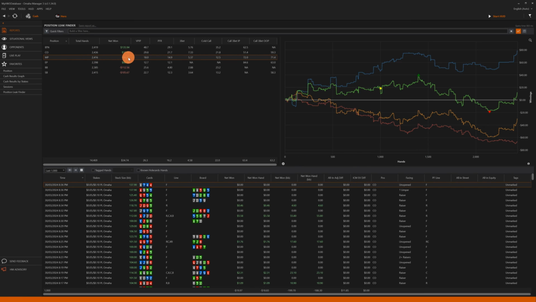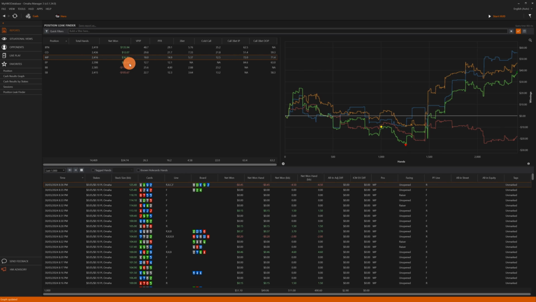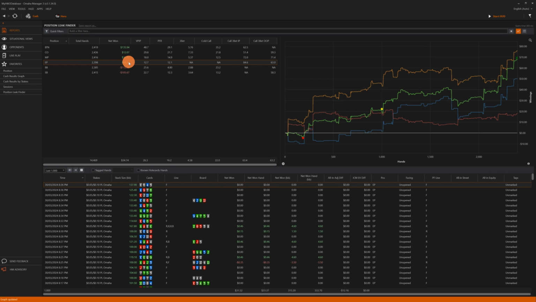The MP seems reasonable if you look at the graph and the amount of money, and in early position we're making more than we are in the cutoff, which is weird. And again, aggression's up there, which again is interesting. And in the big blind and the small blind, you're supposed to lose. We'll have a look at the stats on this.